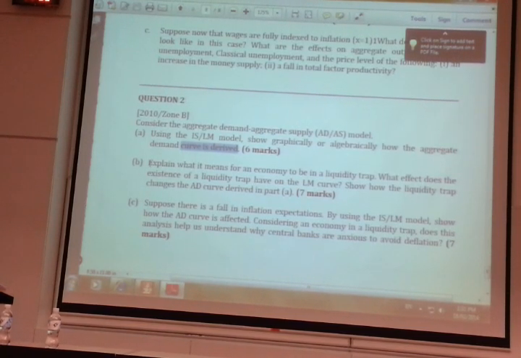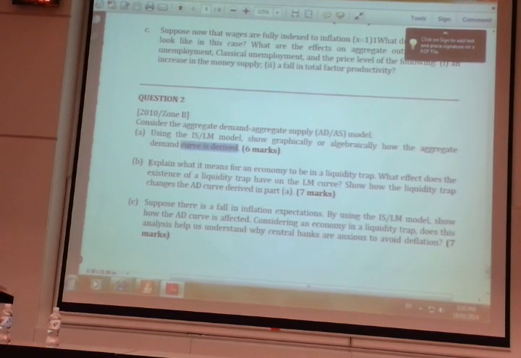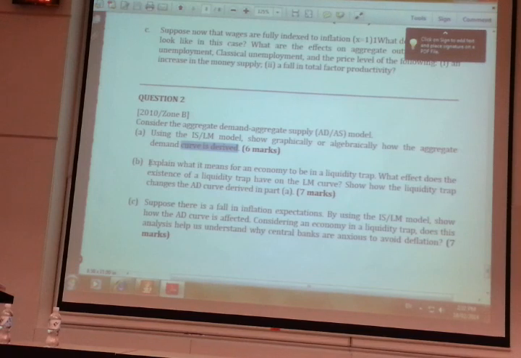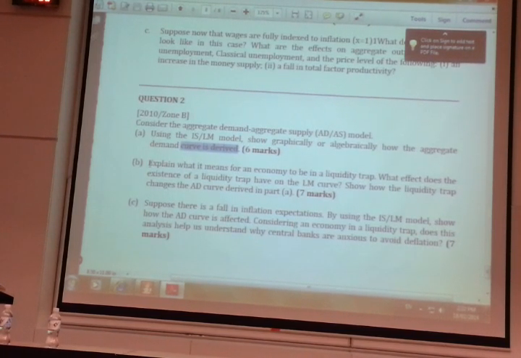So in this case, you can see there is no consistent pattern in the type of questions for ADAS. Then part C, you can see the question says, now if there is a fall in inflation expectation, the AS curve shifts down. But how does it affect the AD? You are applying the ADAS model. So I won't go through the answer, but I just want to show you.